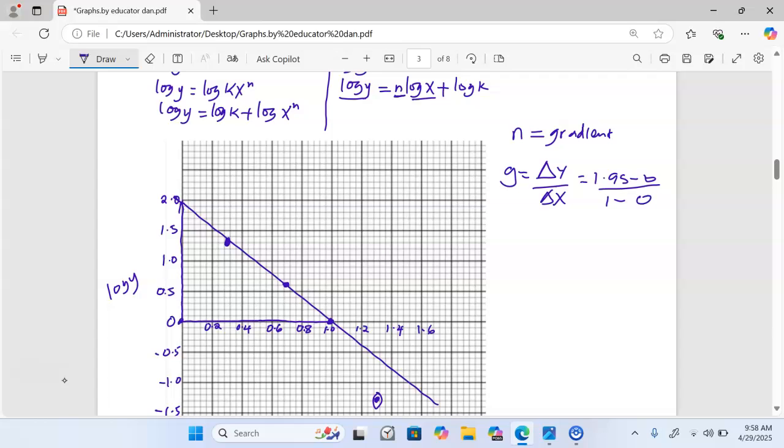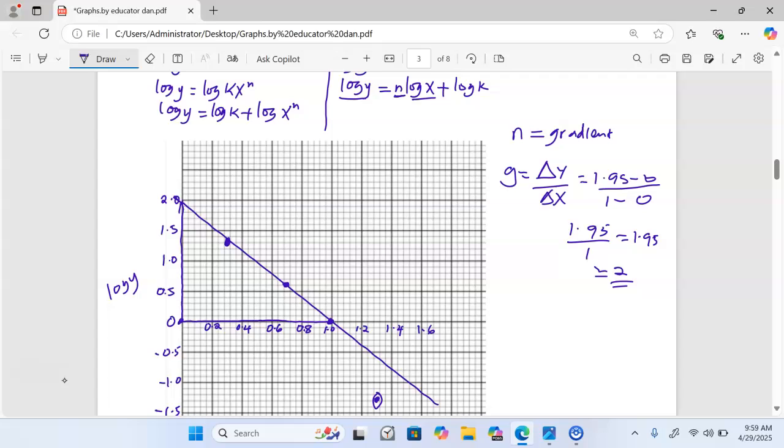This is going to give us 1.95 divided by 1, which is 1.95, approximately 2, correct to the nearest whole number.